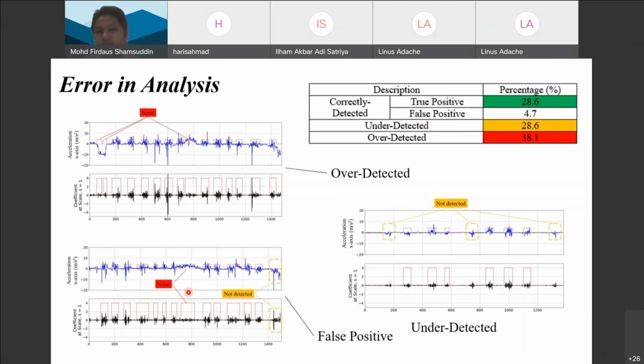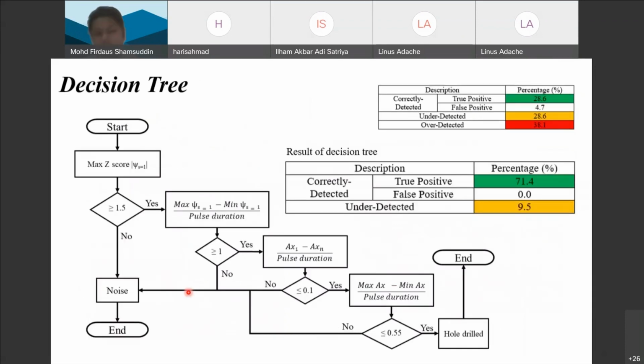So in order to increase the accuracy, I move into a classification algorithm. I'm using a decision tree, and we managed to increase the accuracy from 28% to 70%.